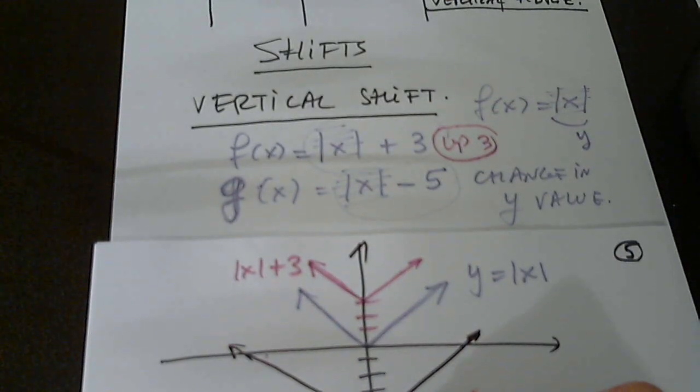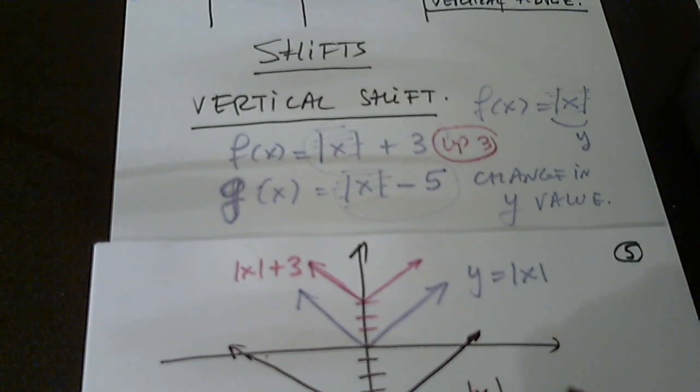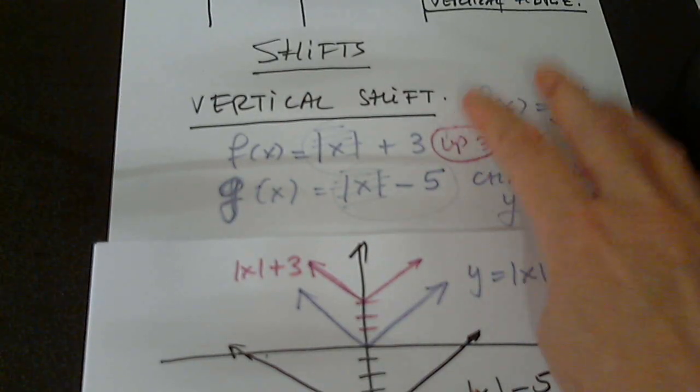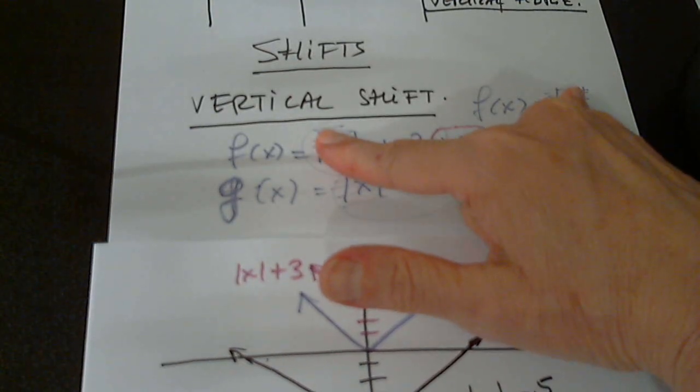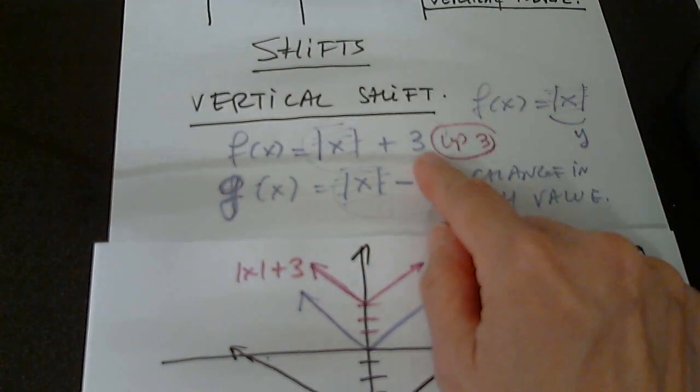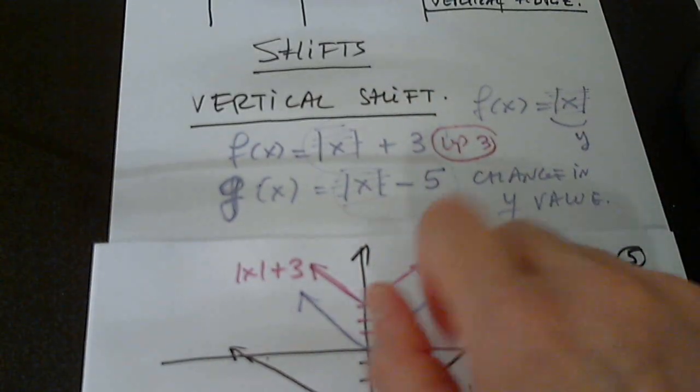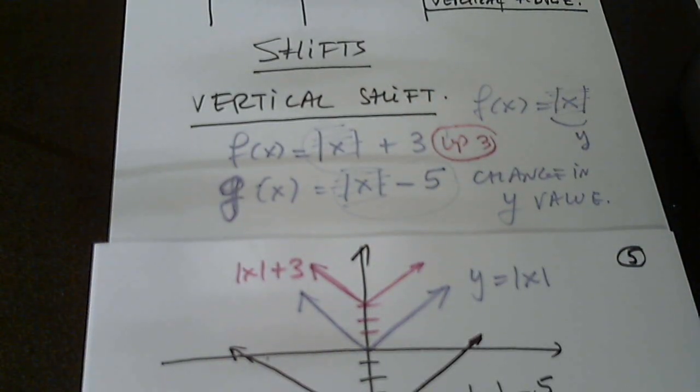So this is y equals the absolute value of x minus 5. So this is how we illustrate vertical shifts. The base function doesn't change, but the actual final value changes by moving it up 3 or moving it down 5.